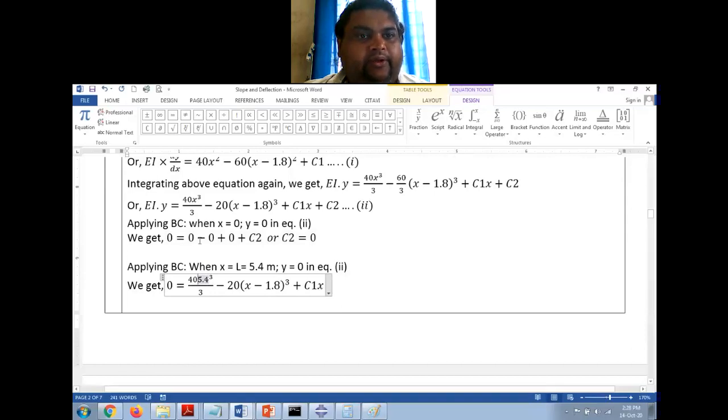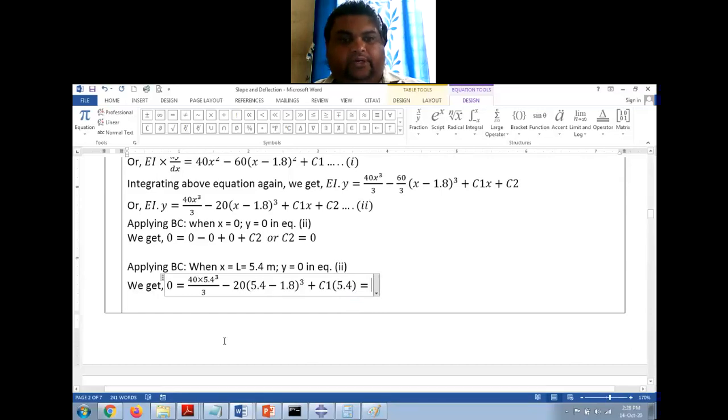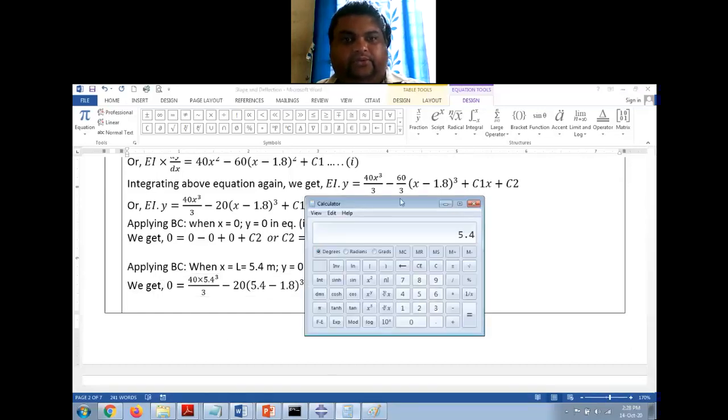I'll put it in here: 40 into 5.4 cube, and here this will be 5.4. 5.4 minus 1.8 is not negative, so this will be there, and C1 into 5.4, right? This is equal to, let me calculate these values.